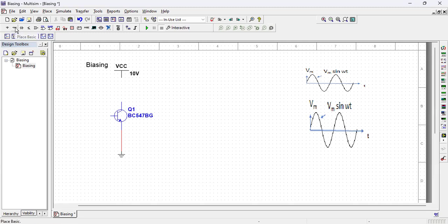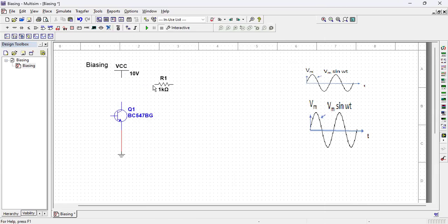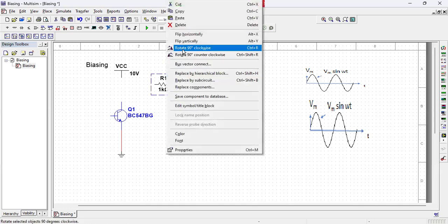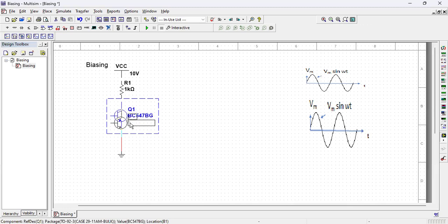I put a resistor of 1K here. You may ask me how I decided on 1K.